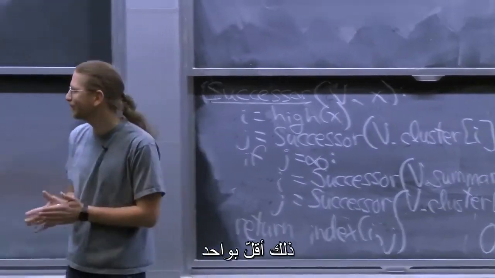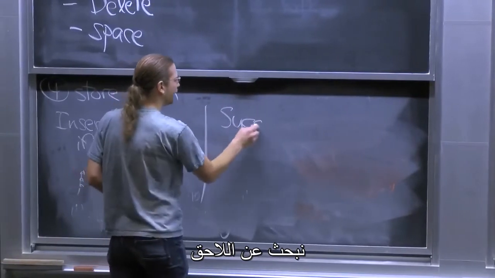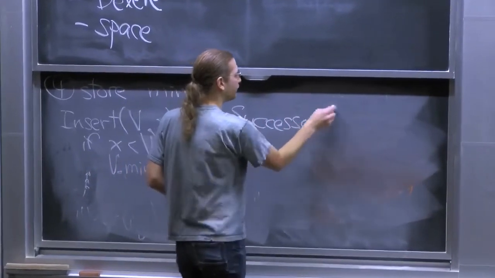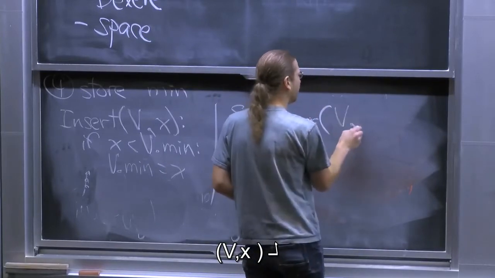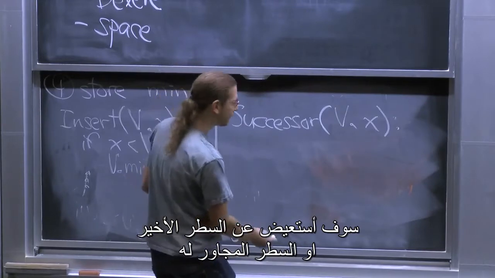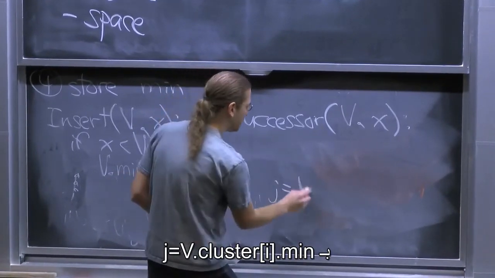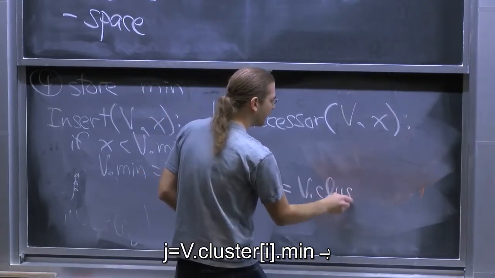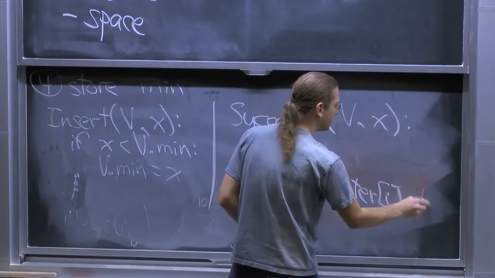1 down. So if we look at successor of v comma x, I'm going to replace the last line or next to last line with j equals v.cluster[i].min.